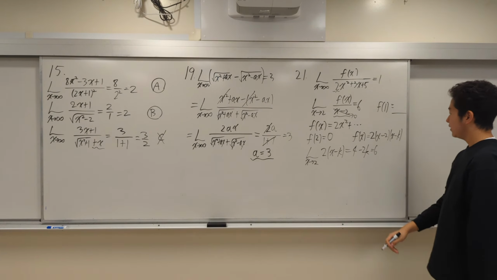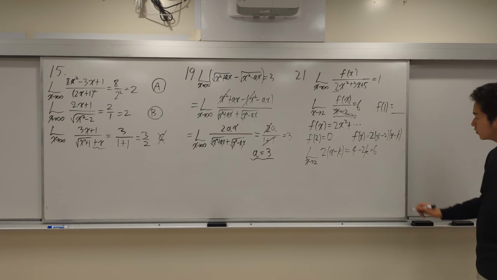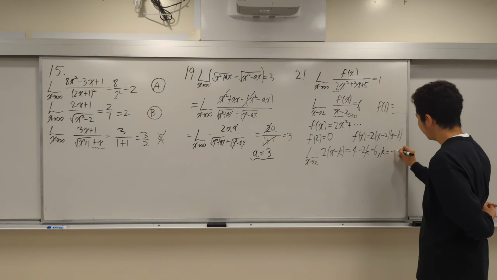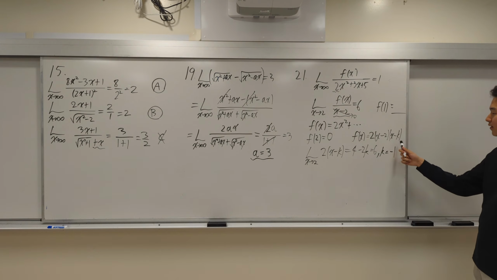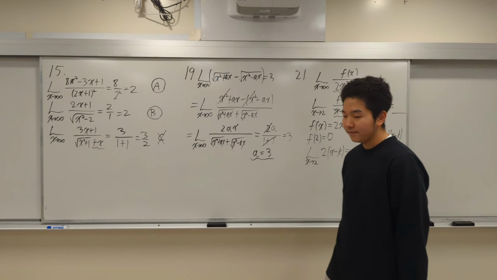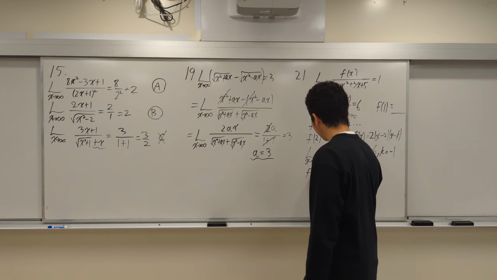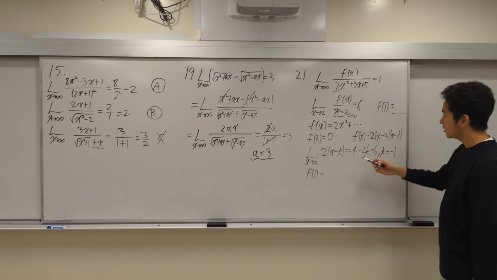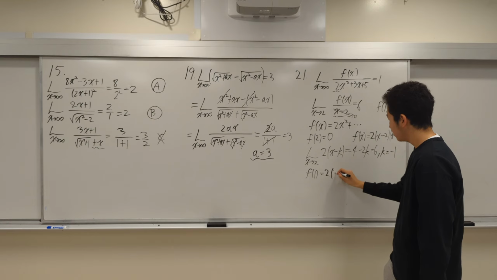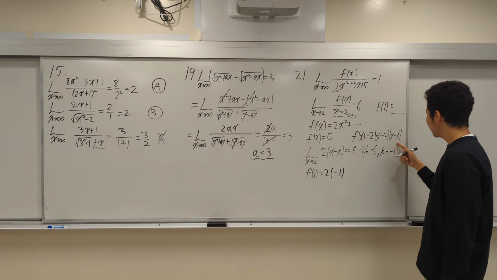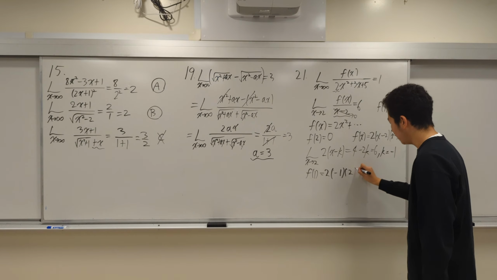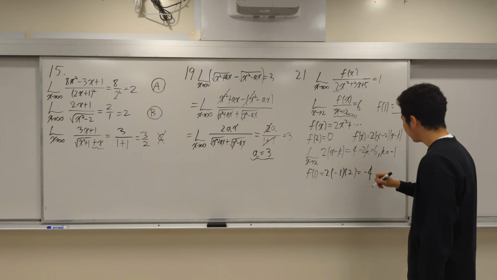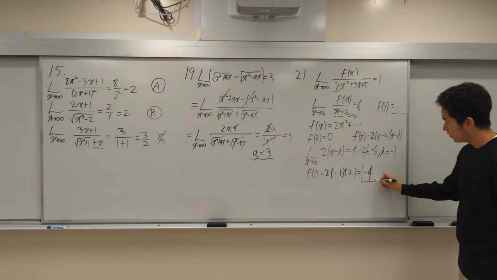So 2k equals negative 2, k equals negative 1. So we found our last bit of information about f of x. So therefore, f of 1 has to equal 2 times negative 1 times x plus 1. So 2, and that would be negative 4 as our answer.